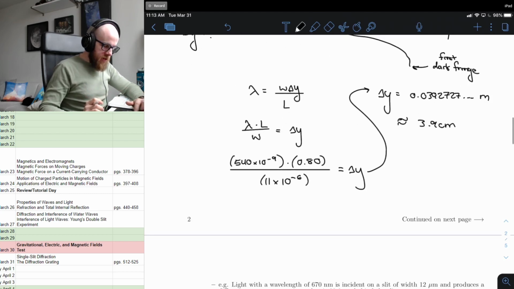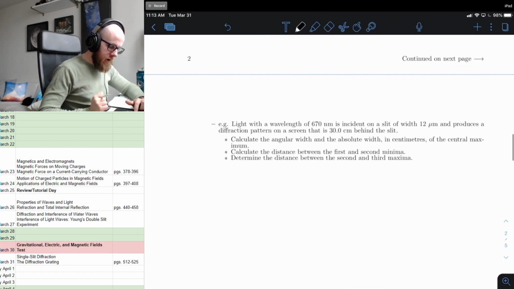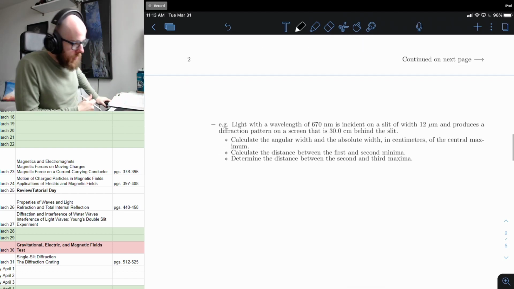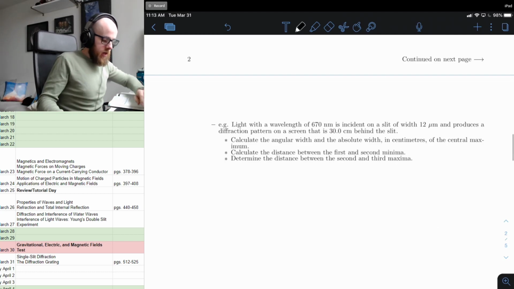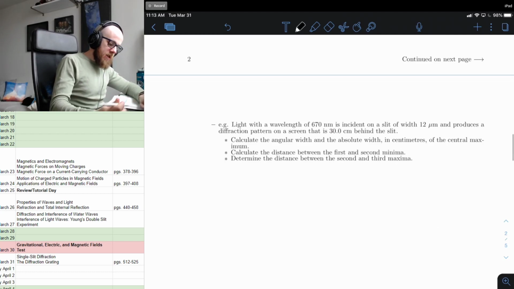Okay, so next example, very similar, except that we are going to be talking about angular width, so we're going to be bringing angles into this. Same kind of setup.